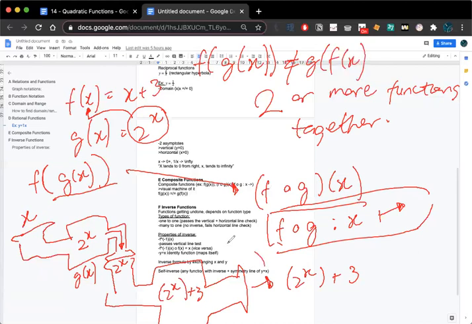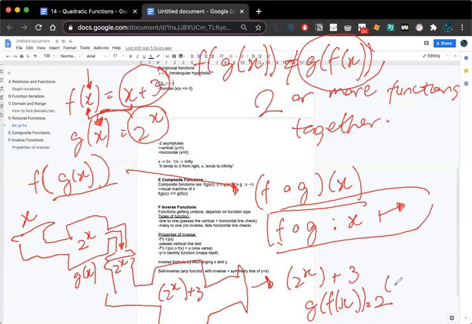Because if you see from this machine below, that's essentially saying that we have input x, and then we get the output of f(x), and after getting the output of f(x), we insert it into g(x). So if we have g(f(x)), that would be the equivalent of 2^x plus 3.